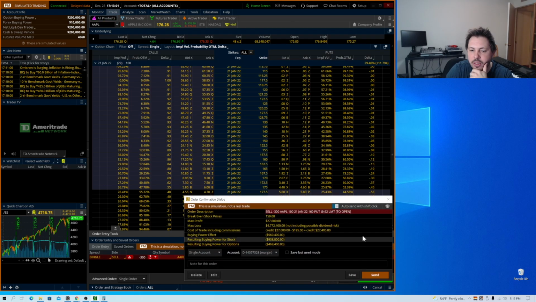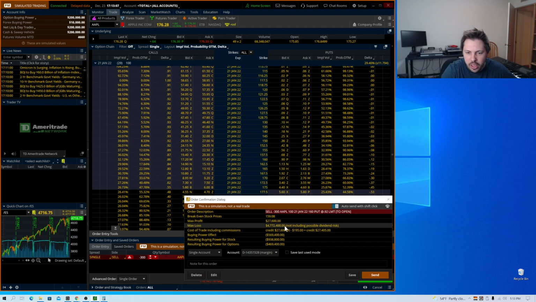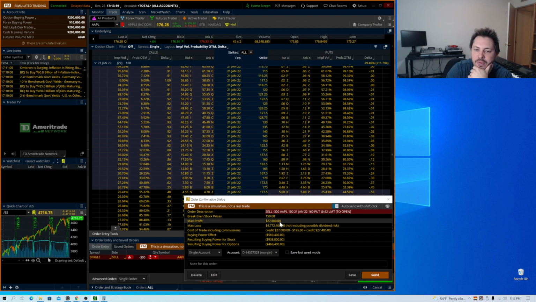And let's see what the buying power effect on this is. So amazing. So again, look, our max loss is $4,772,400, right? That would be the max loss if Apple goes to zero. Our max profit is $27,600.